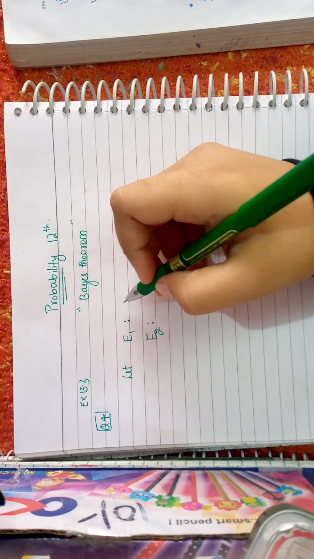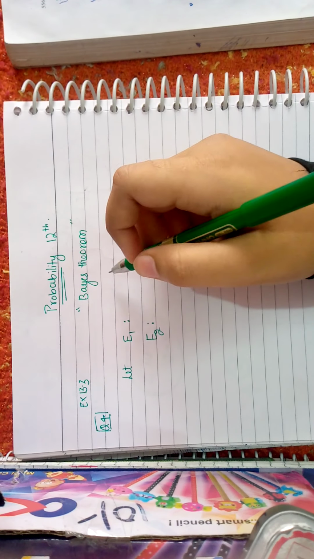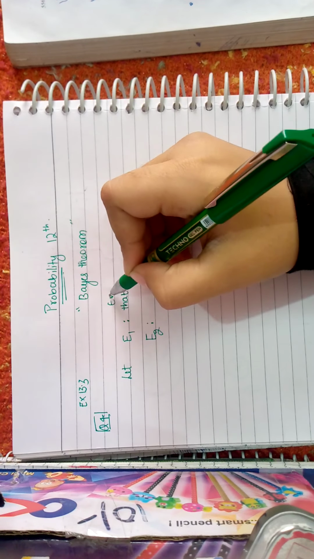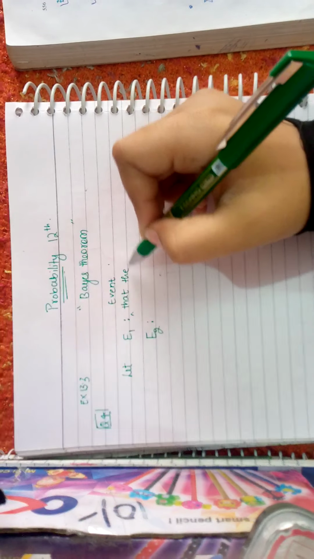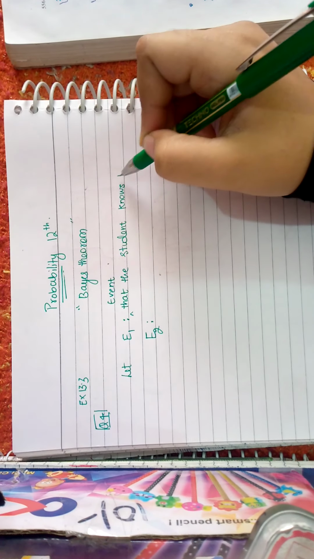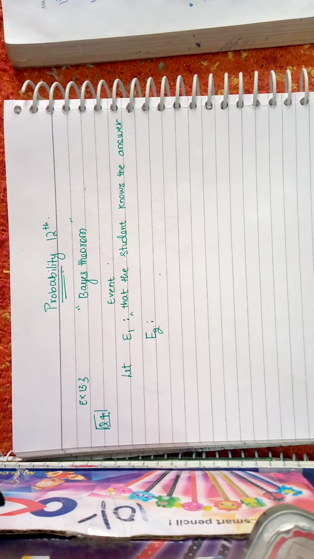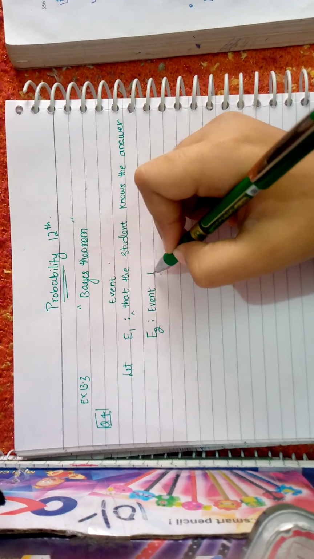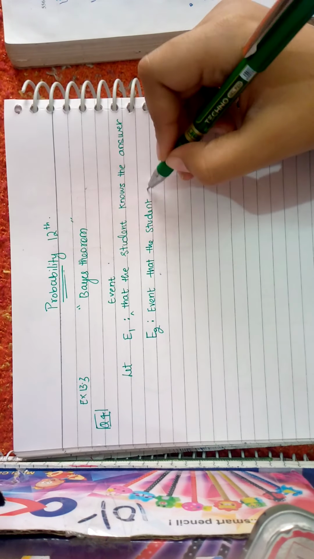E1 is the event that the student knows the answer. E2 is the event that the student guesses the answer.